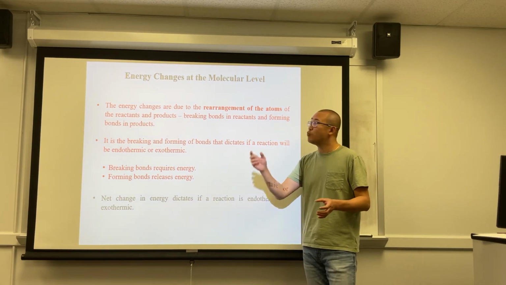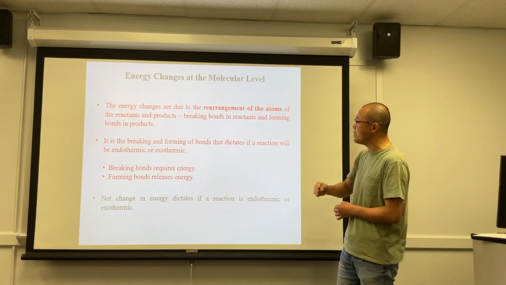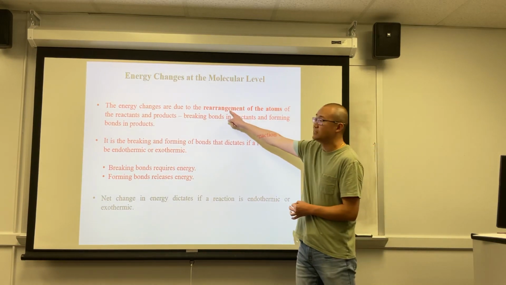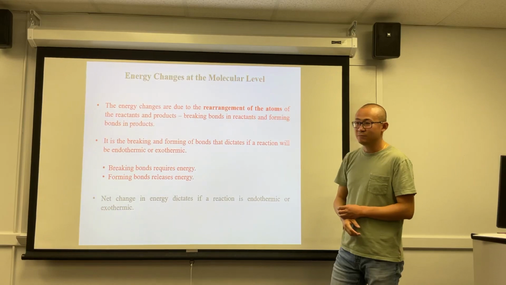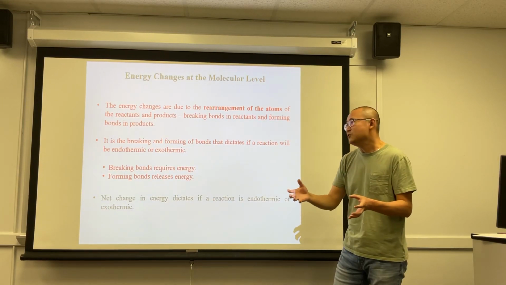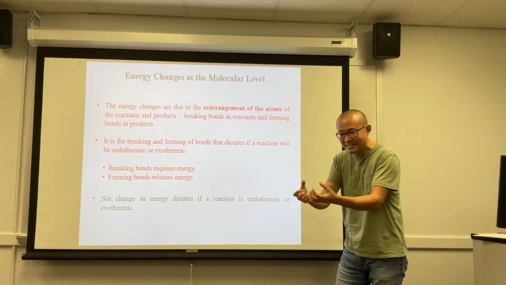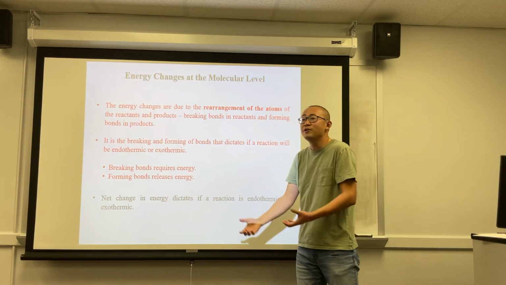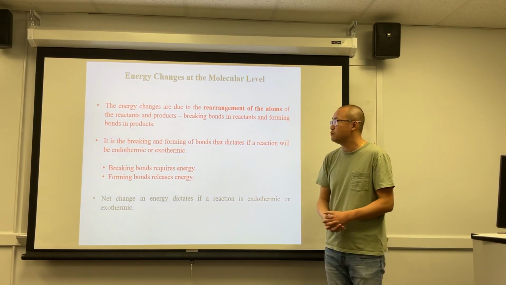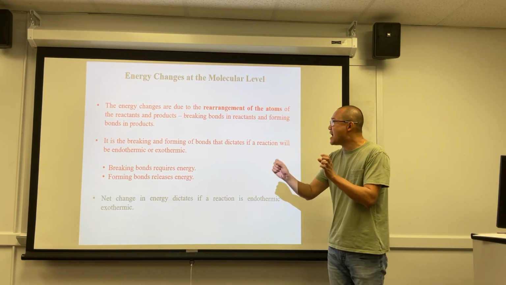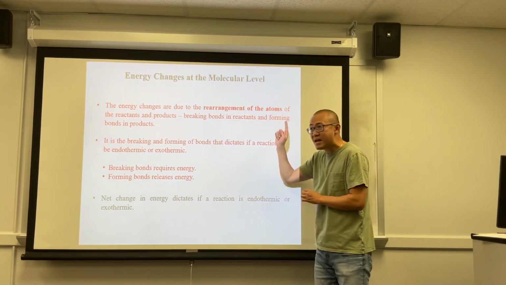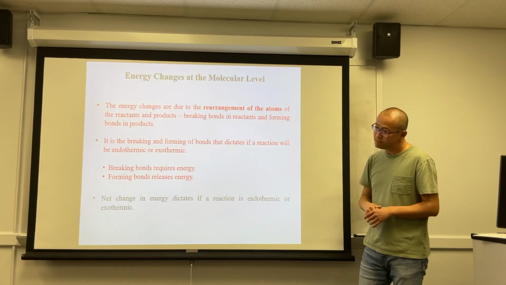And because of that, we know a chemical reaction is basically a rearrangement of atoms. Right? Think about Lego pieces. You break that Lego piece and use that same Lego piece to build a new toy or new construction. Because a reaction is the rearrangement of atoms.